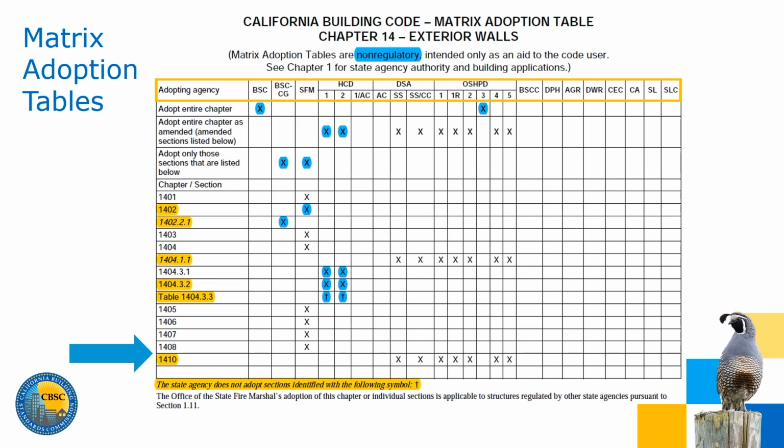Here on this slide is a typical matrix adoption table from the California Building Code, Part 2 of Title 24. Please note that these and other snippets from the codebooks provided in this video are taken right after the 2022 CBC was published on July 1st of 2022 and before errata or supplement pages are issued.